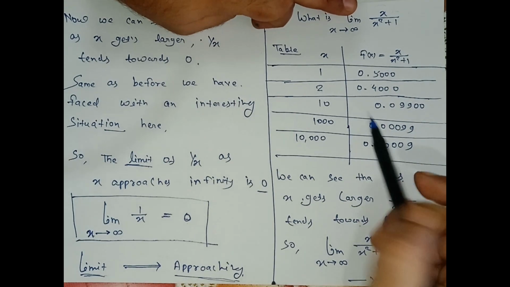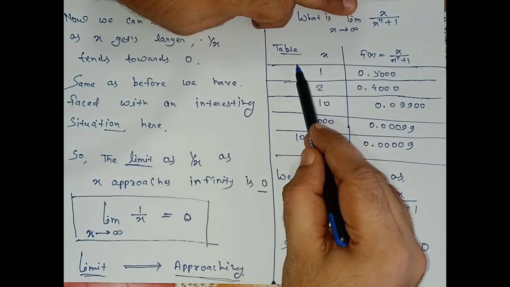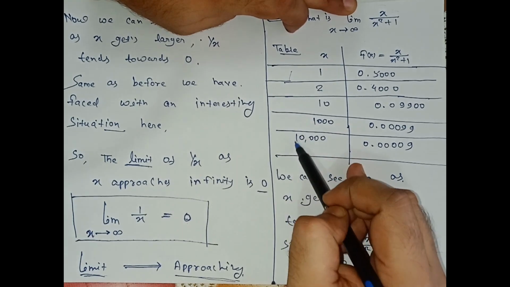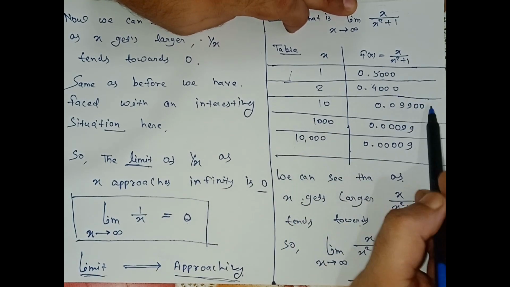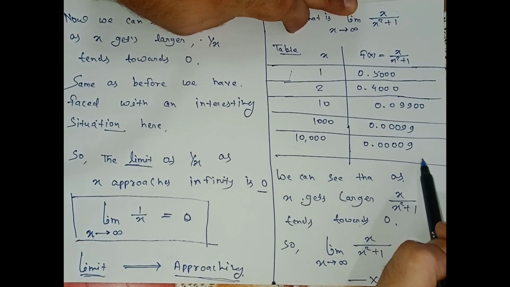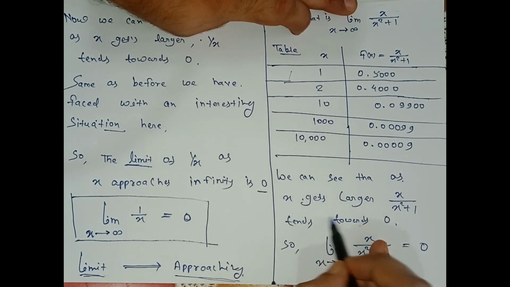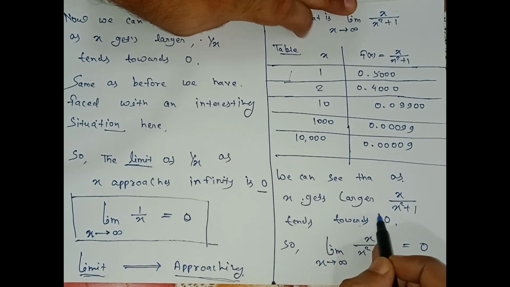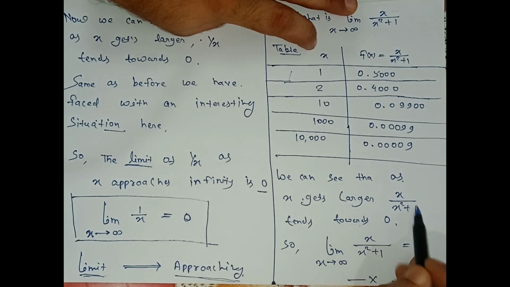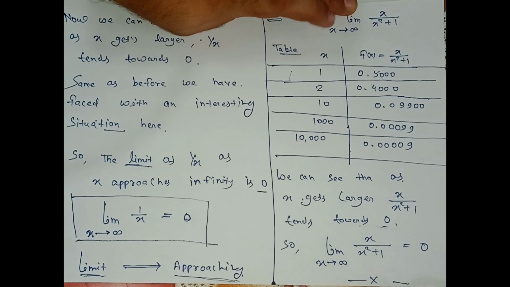As you can see, when you are increasing the value of x, the value of f(x) keeps decreasing. So we can see that as x gets larger, x upon (x square minus 1) tends towards 0.